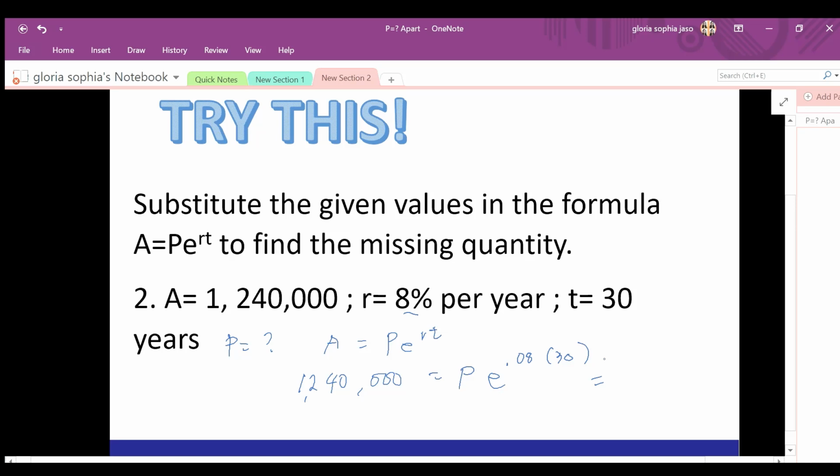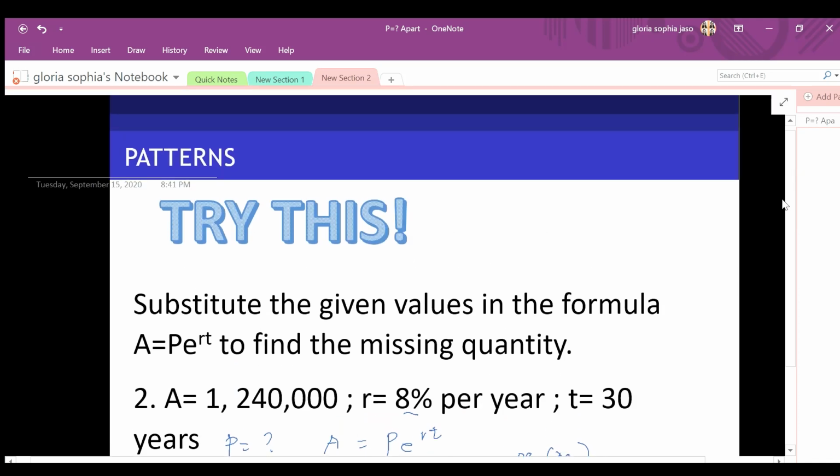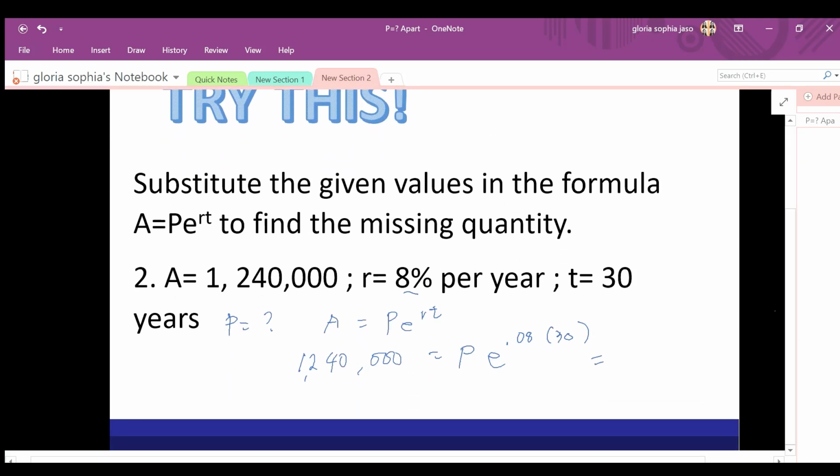So to solve for the unknown, we will just divide both sides by e raised to 0.08 times 30.